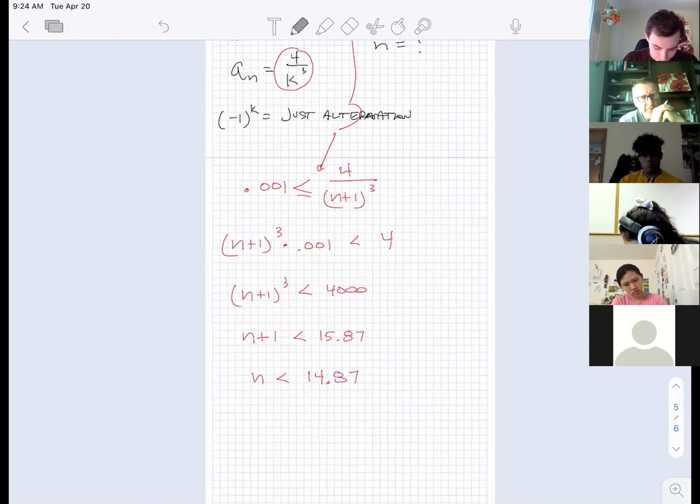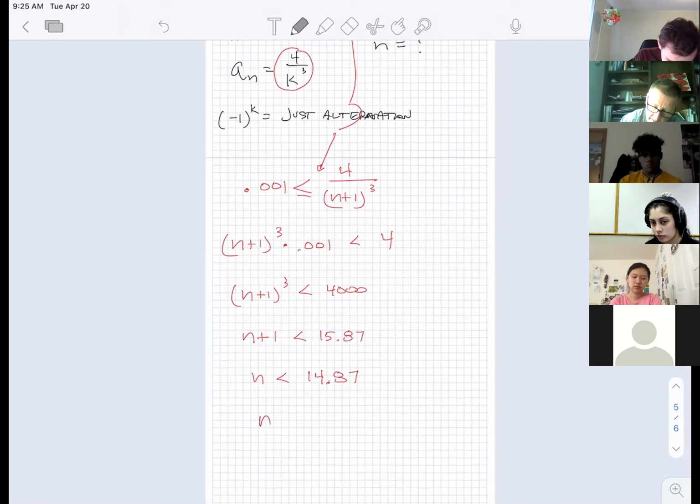You can't do 14.87. This is the same logic as our previous remainder technique. If I round it down, it won't be accurate enough. Does that make sense? I have to round it up. Not round it off, round it up. Even if that had been 14.1, I got to call it 15, right? I need to be more accurate.